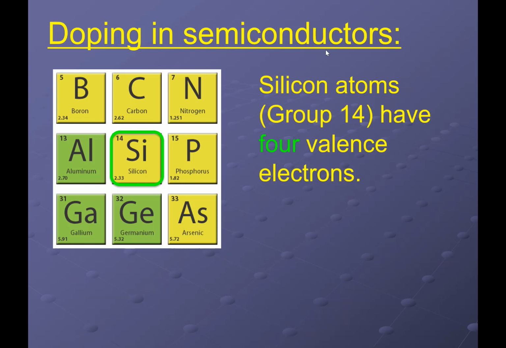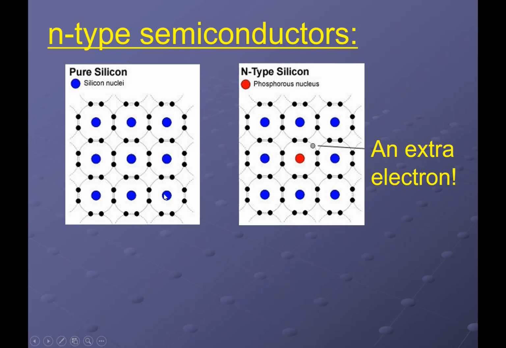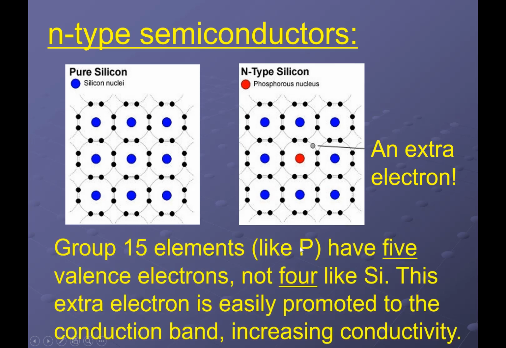We can actually improve the conductivity even more by doping the semiconductor. Silicon is in group 4. We can dope it with elements from either group 3 or group 5. Those are going to have a different number of charged particles. Let's start off by doping with group 15 elements. So I have just pure silicon. Every silicon on average has 4 valence electrons. I'm going to dope it with a group 15 element like phosphorus.